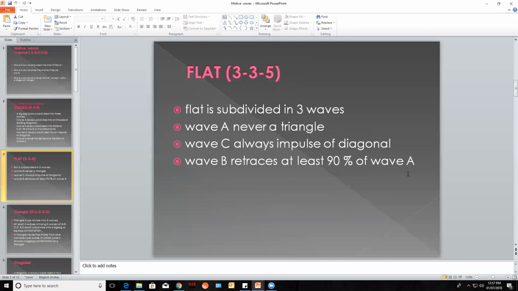So what is a flat correction? A flat is again subdivided into 3 waves, but it's a 3-3-5 structure. Wave A, never a triangle. Wave C, always an impulse or a diagonal. Wave B retraces at least 90% of wave A. So what is this?